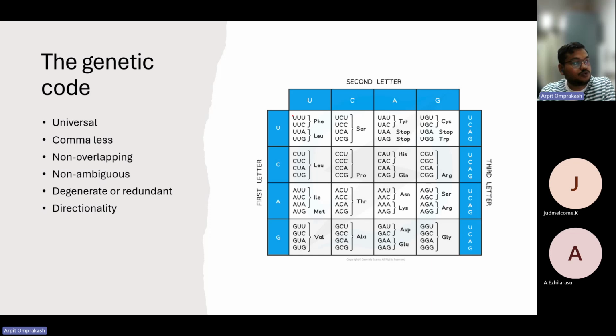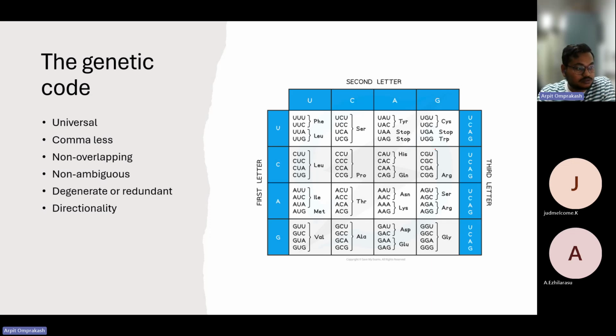So this becomes UUU, this becomes UUC, UUA, CCC, GAG, and so on. And these are the three-letter codes of different amino acids that are produced by using these codons. So for example, these two codons produce phenylalanine, these produce leucine, these produce serine, these produce tyrosine, and so on.